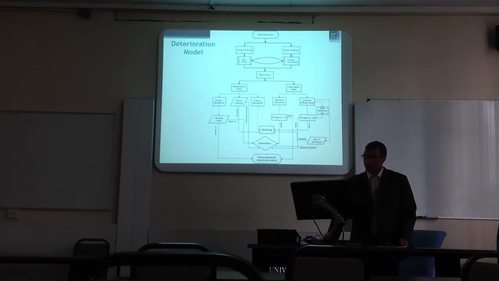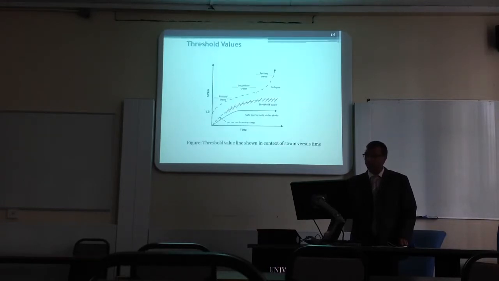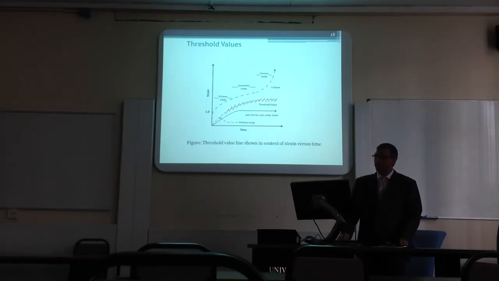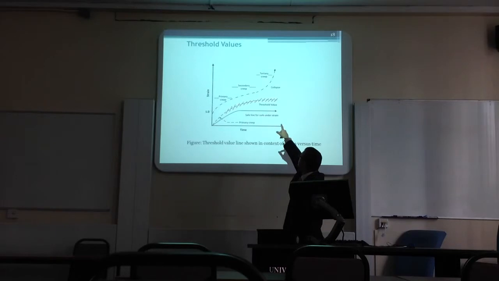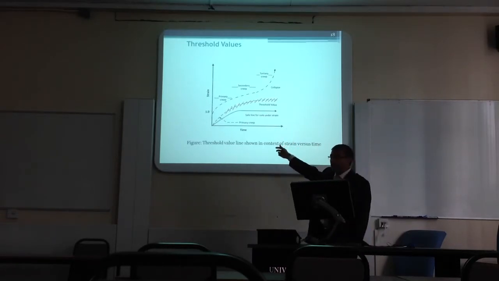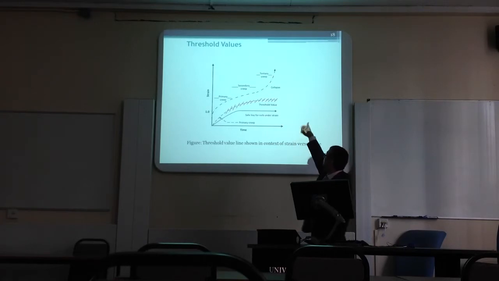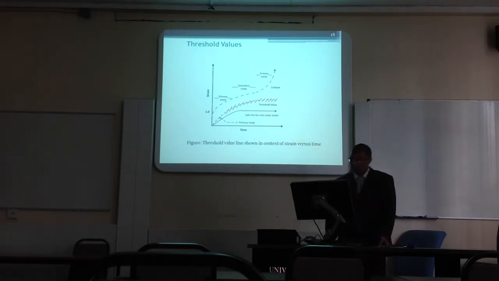I have proposed threshold values for this bearing capacity calculation, like for getting the stress, strain versus time. And if it is allowable, meaning if it is less than 1, less than the dotted threshold value line, it is stable. And if it is exceeding that, then the collapse occurs.